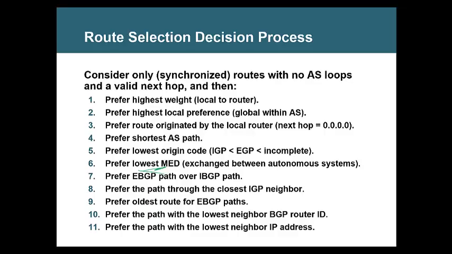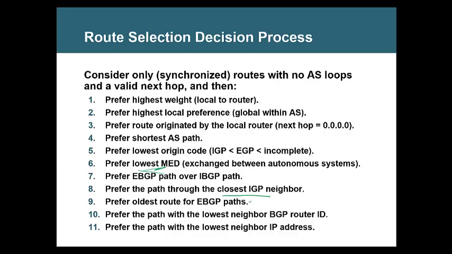Is one of your neighbors EBGP? Then go via that neighbor. Now, both are IBGP. Then what should I do? I don't have one EBGP and one IBGP. I have both EBGP or both IBGP. If both are IBGP, which IBGP is closest?